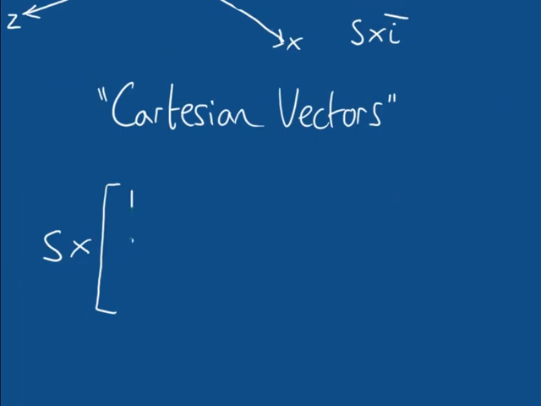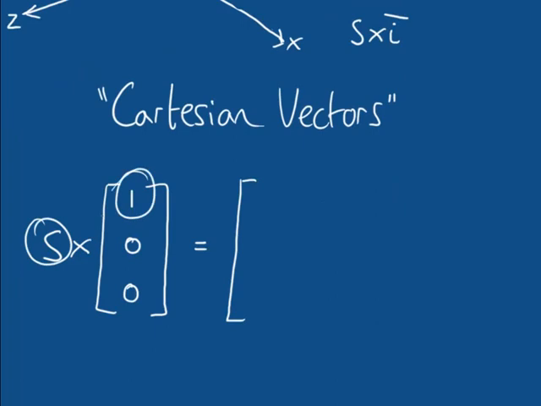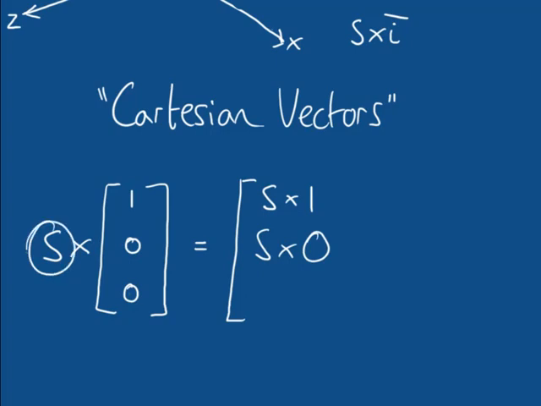So we have 1 in x, 0 in y, and 0 in z, which what we're going to get is a vector where we take s and multiply that by the x component to get our x component, so s times 1, s and multiply that by the y component to get our y component, which is s times 0, and s multiplied by the z component to get our z component, which again is s times 0.